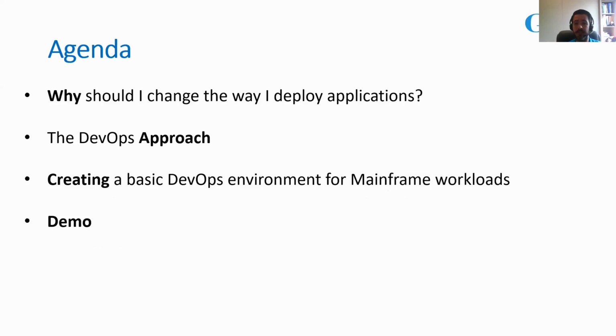So why should I change, or why do businesses or applications want to change the way they deploy their code? We'll follow by the DevOps approach: what it is, what it's not, and what are the key differences between what is known as a waterfall deployment type and a DevOps operation type.